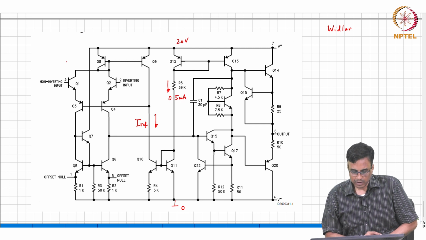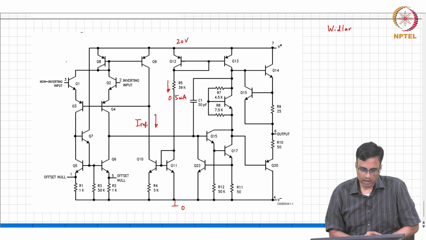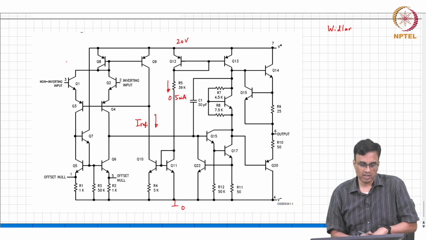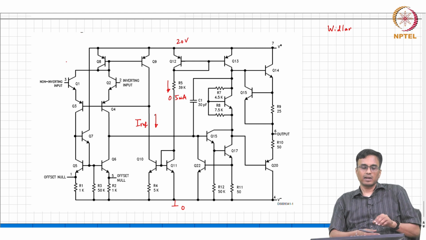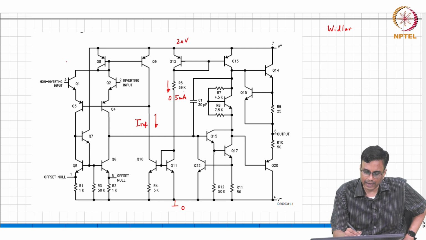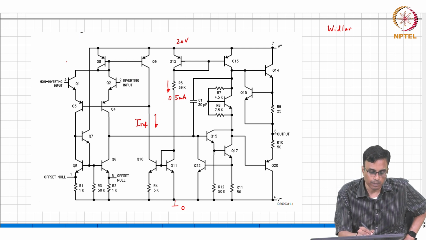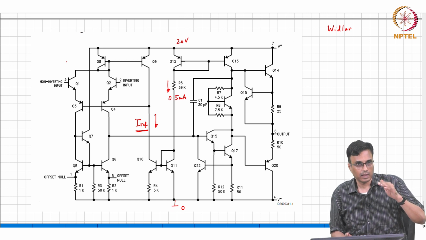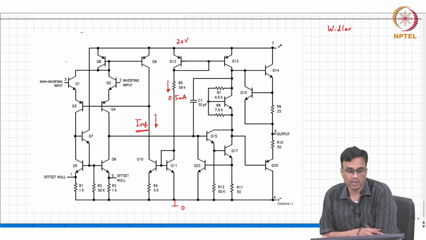39K, right. So, the design was such that, see, another thing that you have to be worried about is that if you directly use a current like this to bias the input pair, right. So, if this IREF varies with VDD a lot, correct, what problems do you foresee in the design?